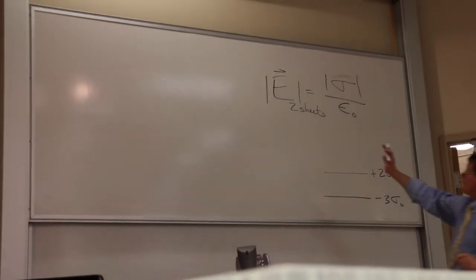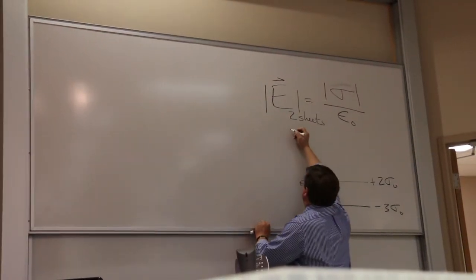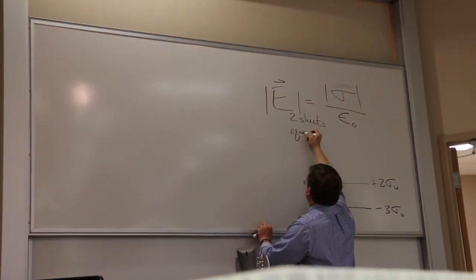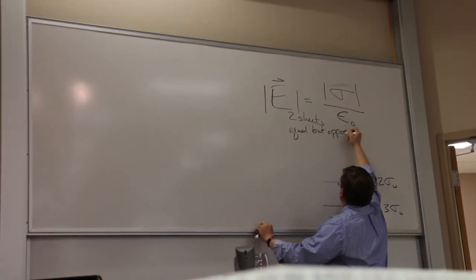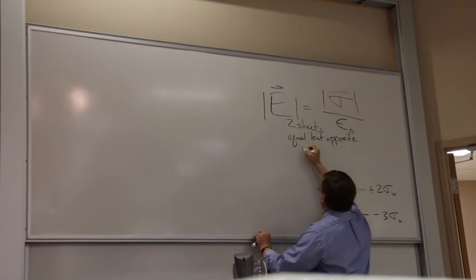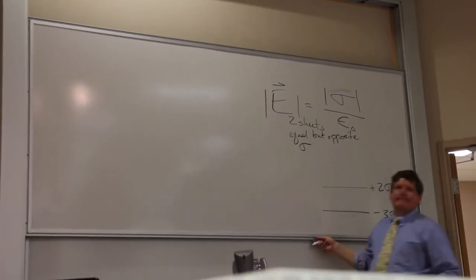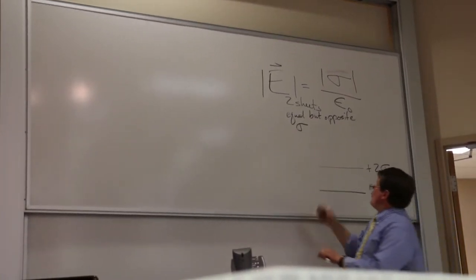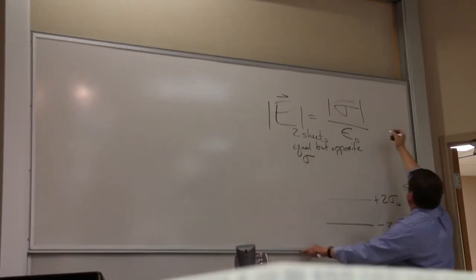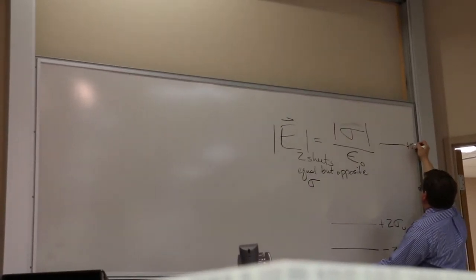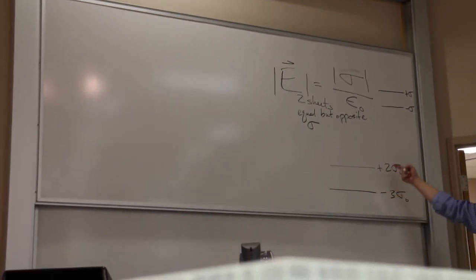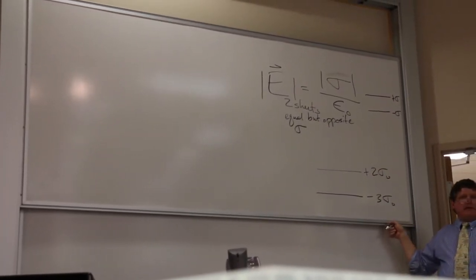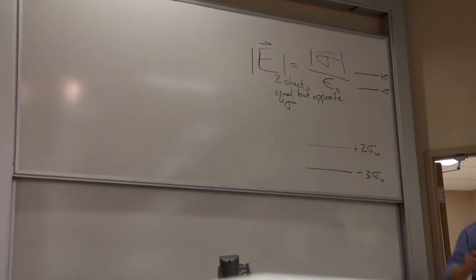No. This is for 2 sheets that have equal but opposite surface charge density. Okay? So this is only going to be valid for the case where I have a plus sigma and a minus sigma. If the charge density is not the same on the positive and the negative, you can't use that formula.